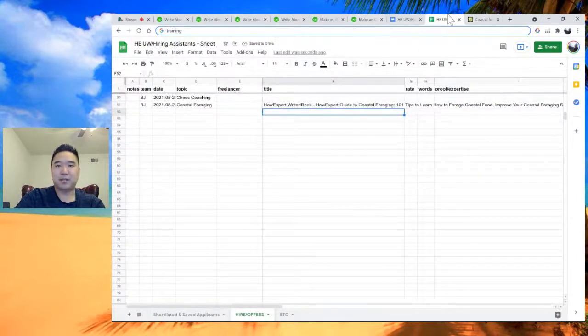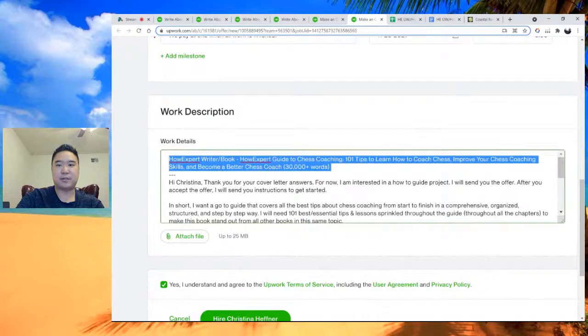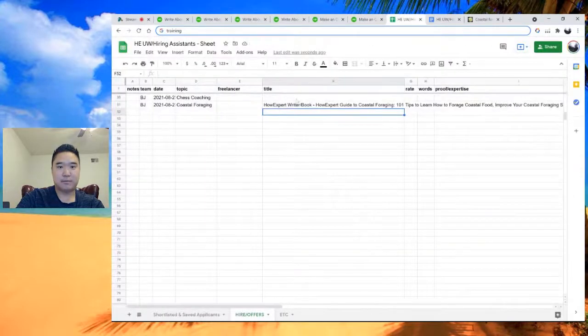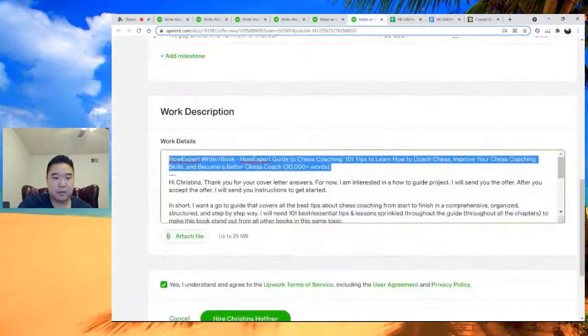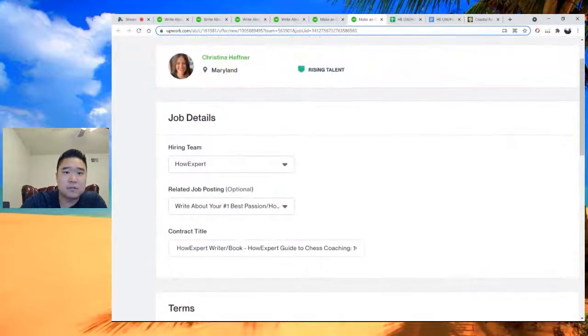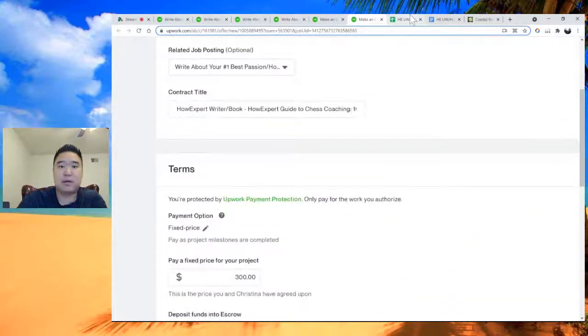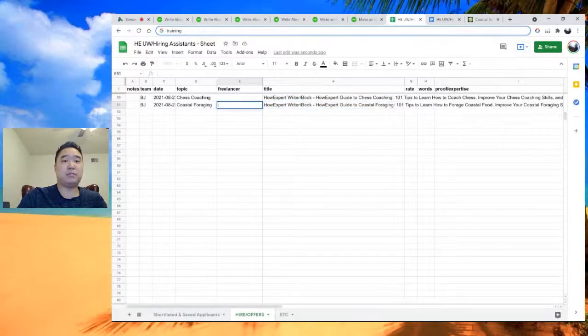All right, what else? We're going to get that freelancer. And then the other freelancer's contract title, put it up, double click, paste it. Awesome. And also get their name for our record purposes when we hire. Also, when we publish, we need to know their name because we put their name on the book.